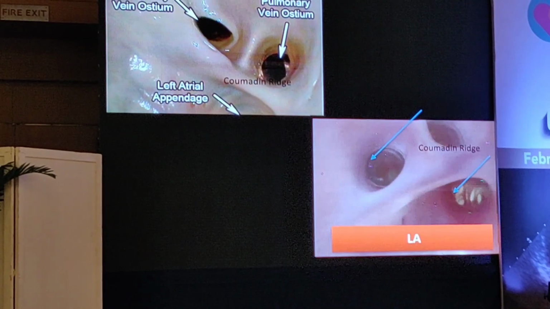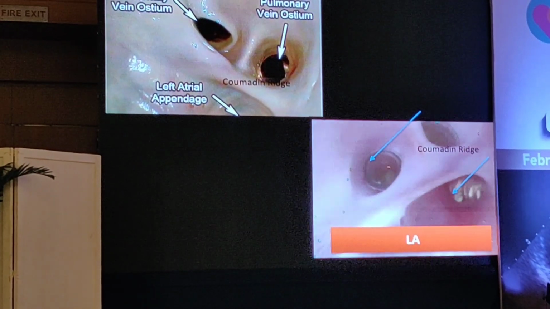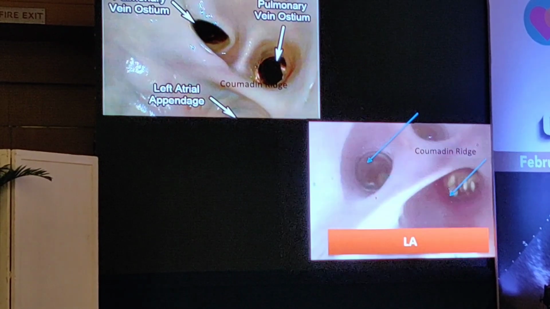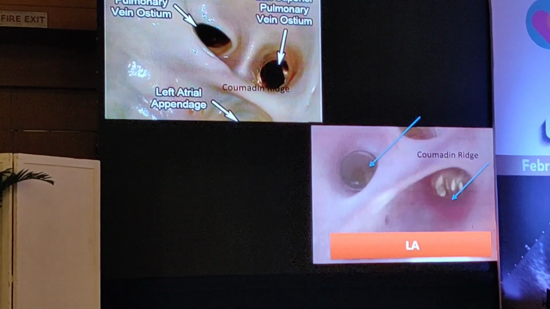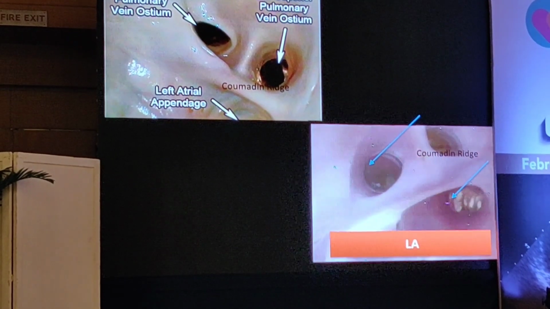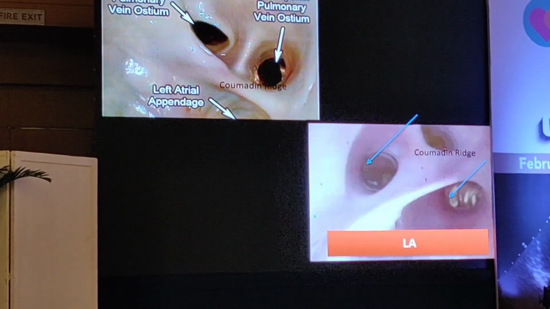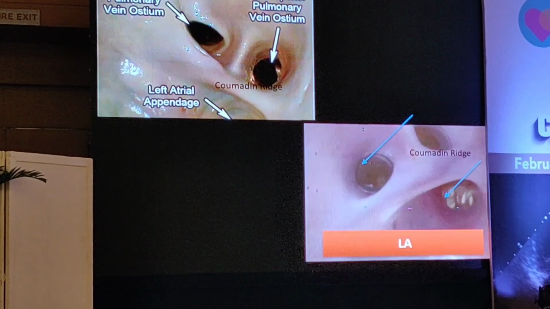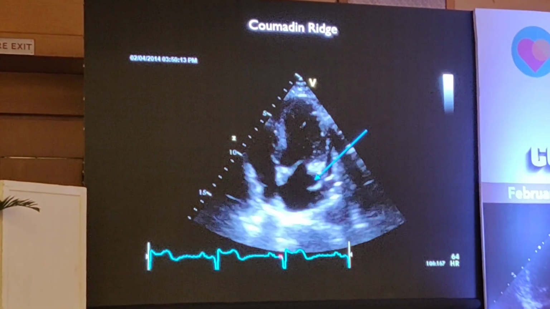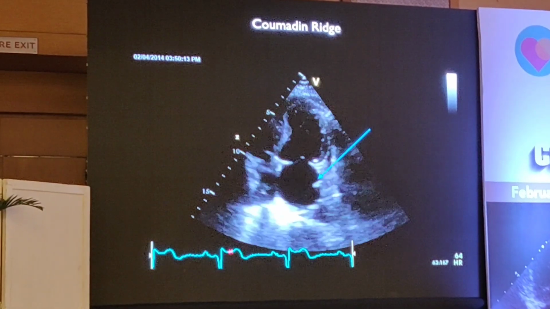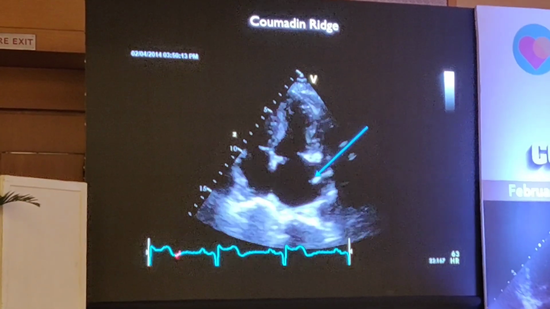The appendage and the left superior vein always go together, and the muscular fold in between is the Coumadin ridge. It can appear very prominent sometimes and can be mistaken for a thrombus. This is not seen so frequently in transthoracic, but you see it quite prominently in transesophageal echoes. So this is one example of how the Coumadin ridge can look very prominent.